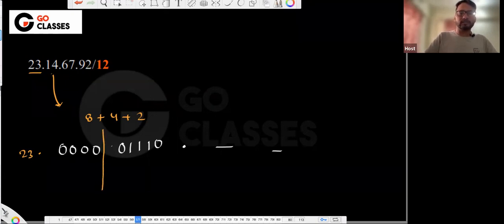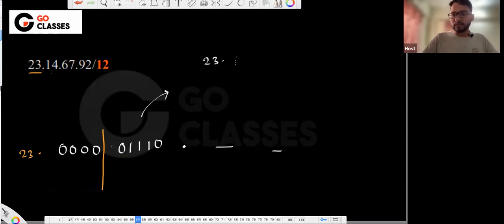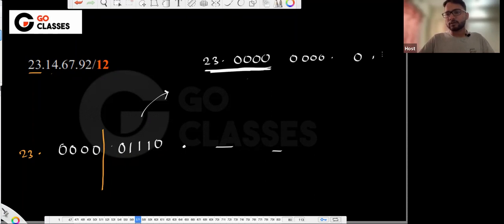If I ask you what is the first IP address, you will say the first IP address here will be 23 dot 14, these are 4 zeros. Basically I'm writing in a mix of binary and decimal, but I hope you understand, just for the sake of convenience. These things are fixed till now, and then you will say 0 0 0 0 and then dot 0 dot 0.